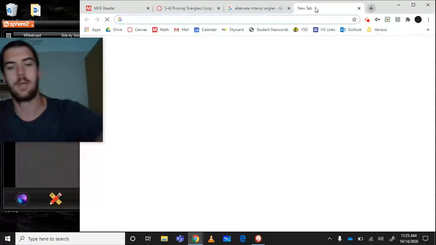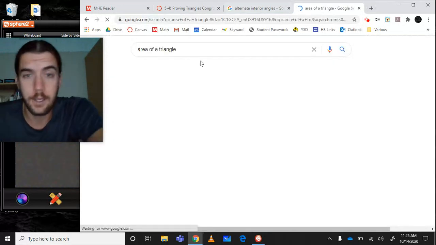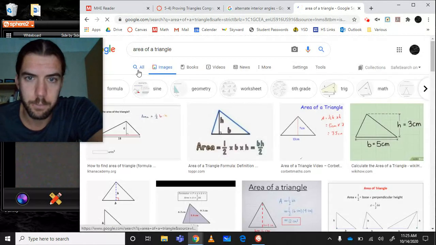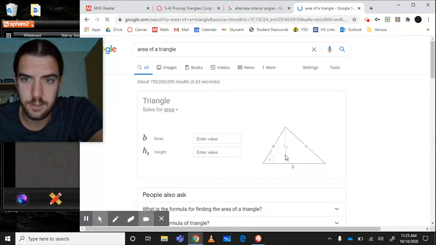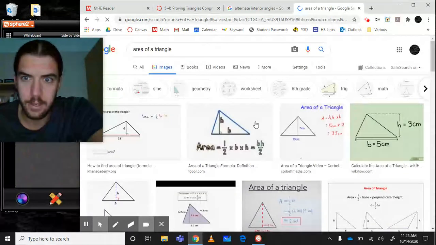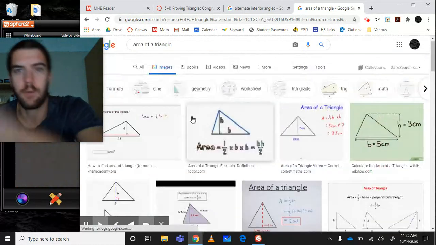Looking at that area of a triangle idea, to remind you why it is 1/2 base times height. The basic idea is this. If you had a right triangle, then you could imagine that if you multiply base times height, you get a rectangle.